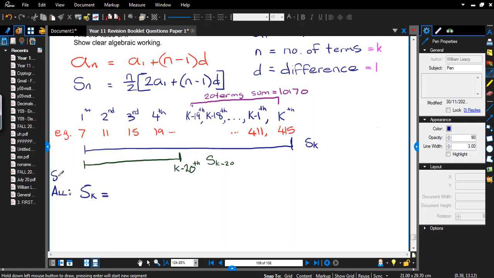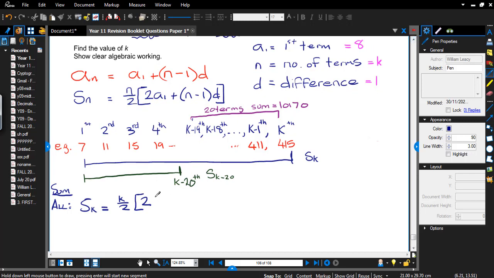So sk equals k over 2 times 2 times a1. Now what's a1? I think it was 8. Yeah. 2 times 8 plus n minus 1, which is k minus 1, times d, the difference is 11.